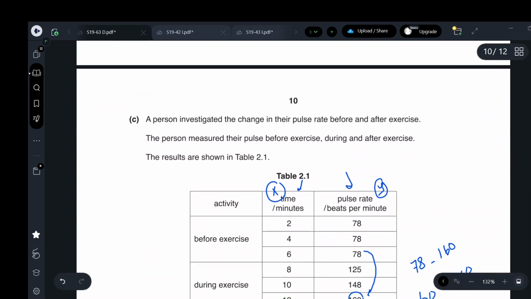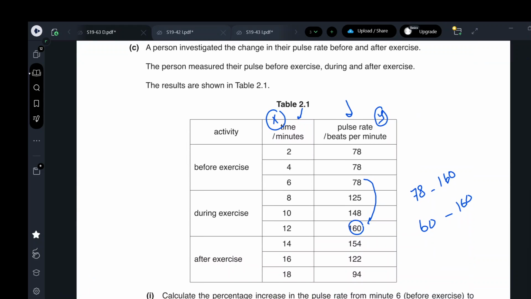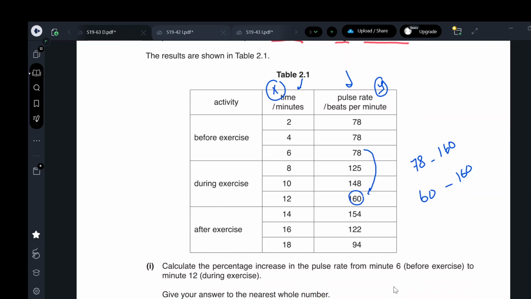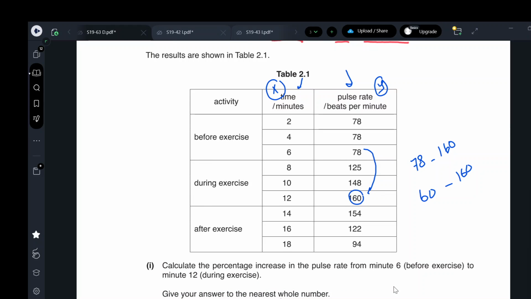A person investigated the change in their pulse rate before and after exercise. He measured the pulse rate before exercise, during, and after. Calculate the percentage increase from minute 6 to minute 12. How do I do it?